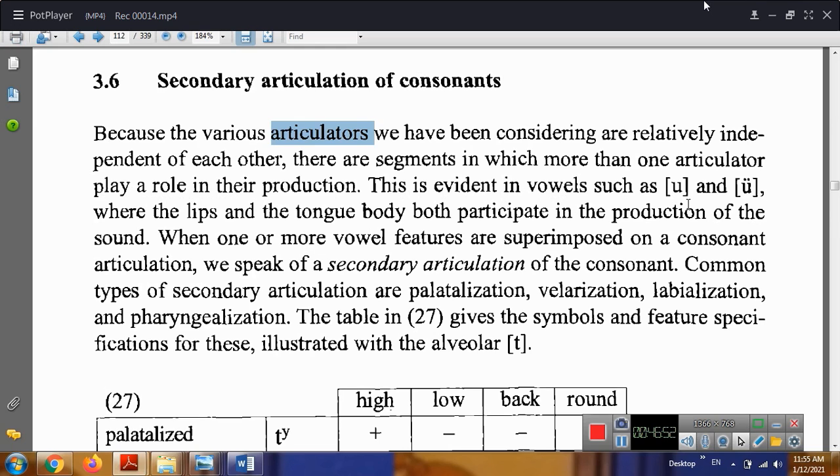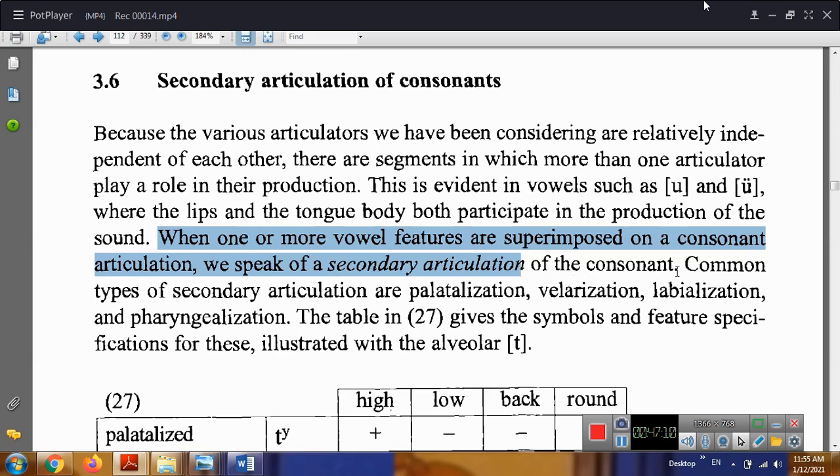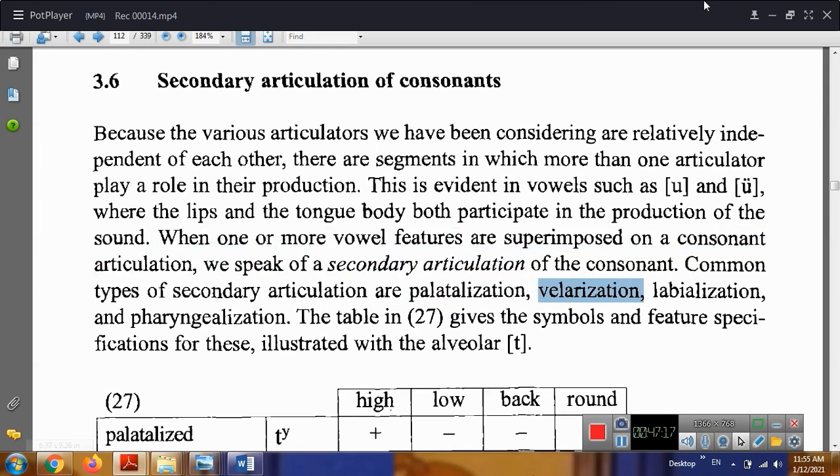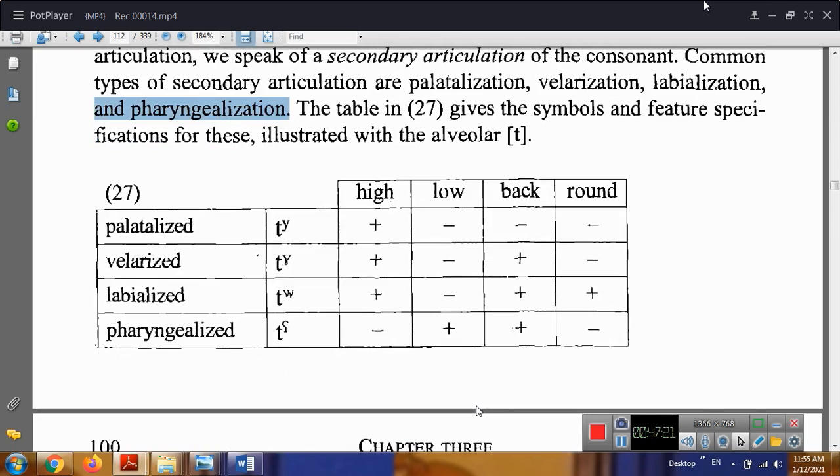This is evident in vowels such as u, where the lips and the tongue body both participate in the production of the sound. When one or more vowel features are superimposed on a consonant articulation, we speak of the secondary articulation of that consonant. Common types of secondary articulation are palatalization, velarization, labialization, and pharyngealization, which you can see here.